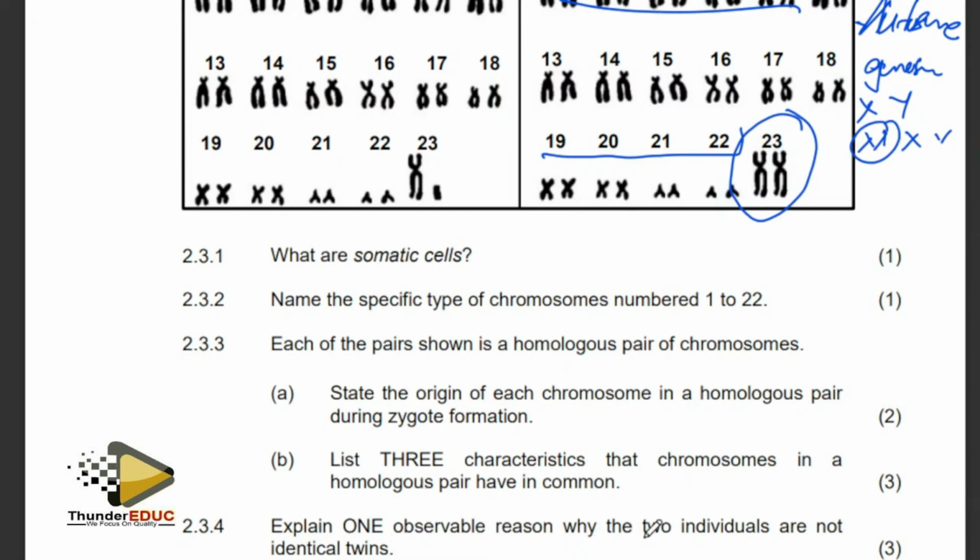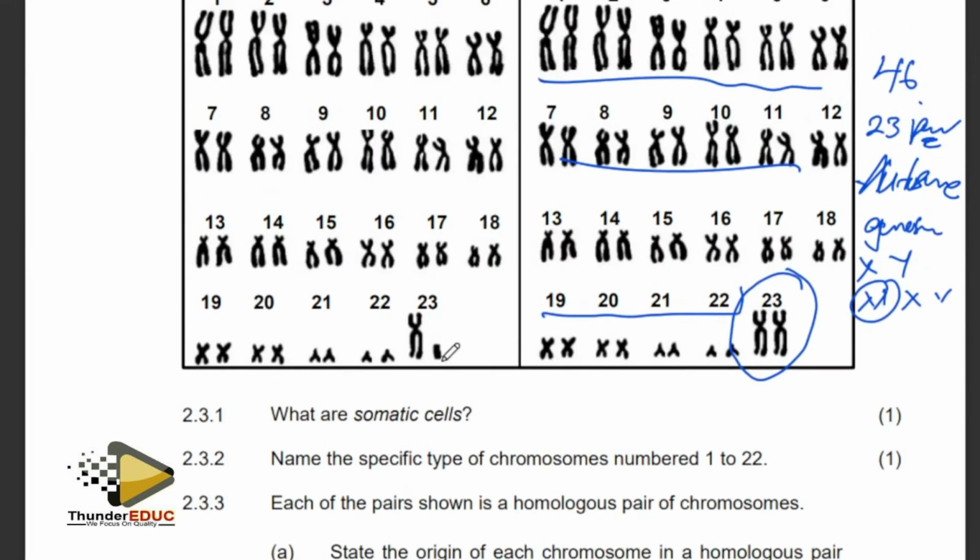Explain one observable reason why these two individuals are not identical twins. Why are these ones not identical twins using this karyotype? Because this is a male and this is a female.